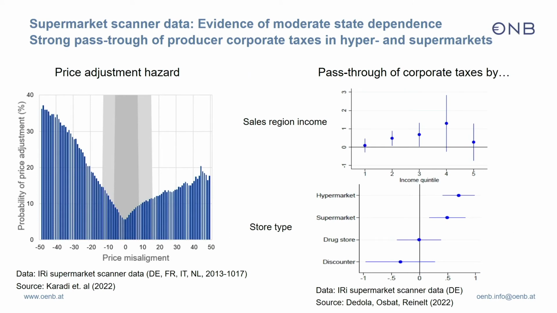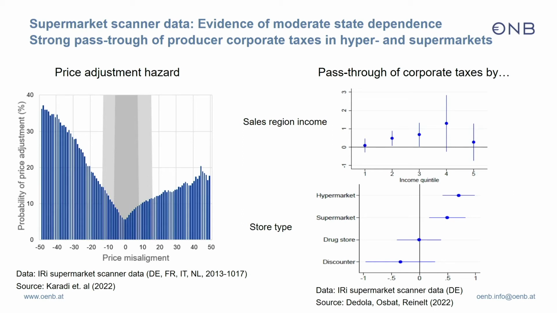And last slide, and this is actually just giving a teaser about two projects. Names are written here, so it's not all my work, of course, that work with scanner data from supermarkets. And the left panel tells you that there is evidence of state dependence in price setting. What do I mean by that? What you see is the probability of a price adjustment as a function of the price misalignment.